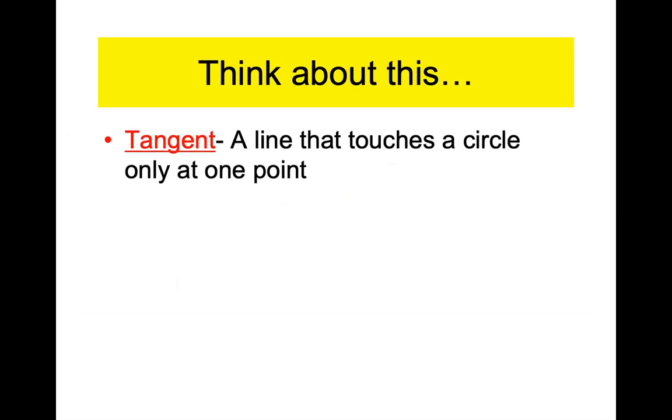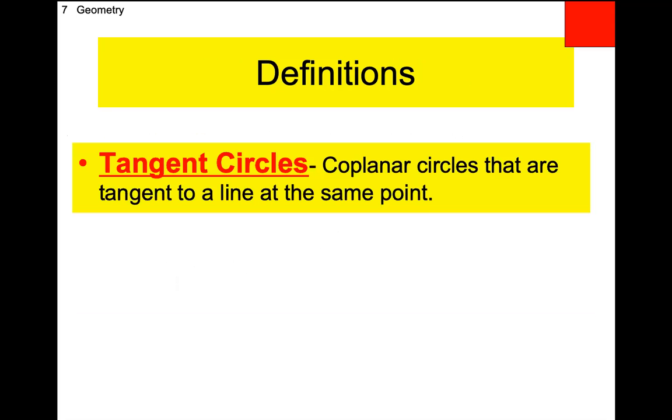A tangent touches a circle at one point, right? Well, we're talking about a line that touches a circle. Circles can touch other things in one spot as well. In fact, they can touch each other in one spot. So watch this. These are called tangent circles, circles that touch each other in one spot.